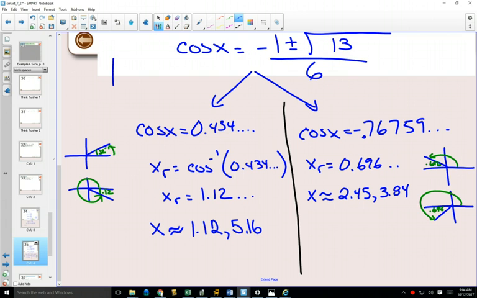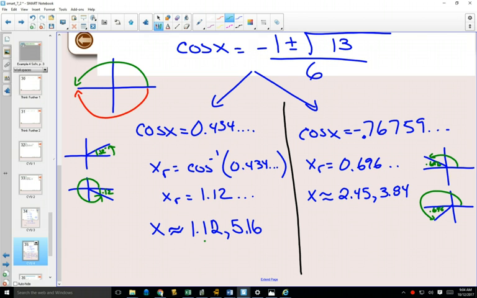So if we're solving between negative pi and pi, does it make sense that that would include answers from 0 to pi in the positive direction and from 0 to pi in the negative direction, or from 0 to negative pi? So looking at the answers that we have, anything in quadrant 1 and quadrant 2 is going to be the same as what we solved originally.